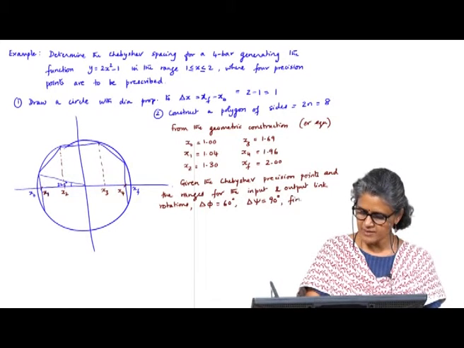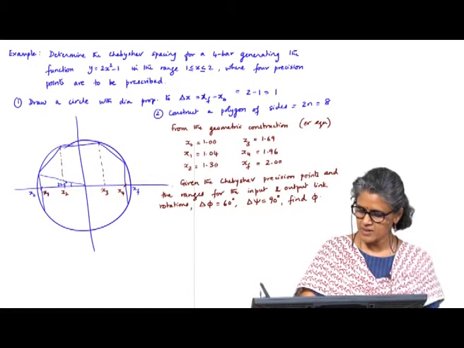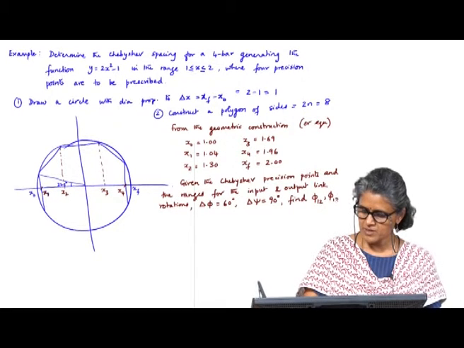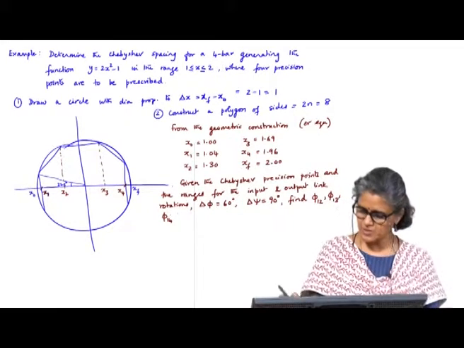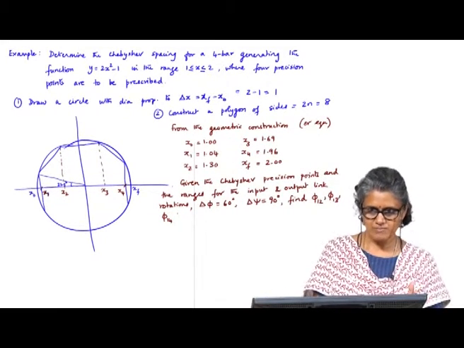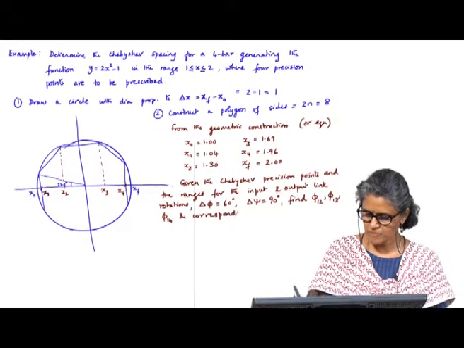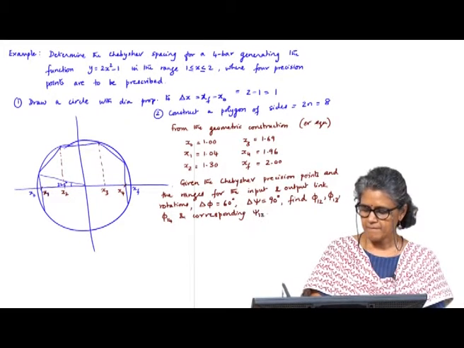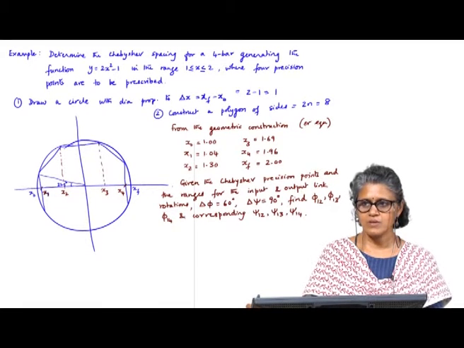I want to find phi 12, phi 13, phi 14, from the first position. So phi 1, phi 2, phi 3, phi 4 will give me this, and correspondingly psi 14.